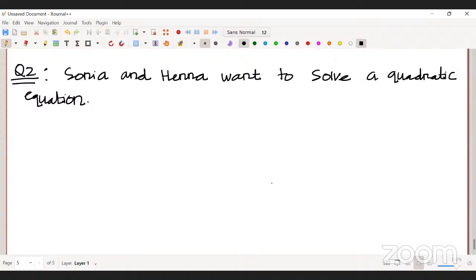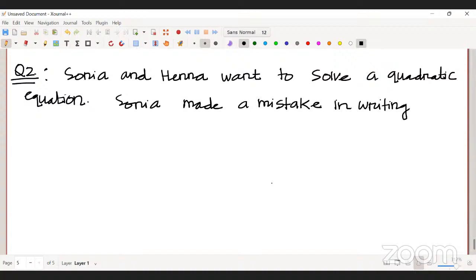Sonia made a mistake in writing down the constant term of the quadratic equation. So this is the first information we know.